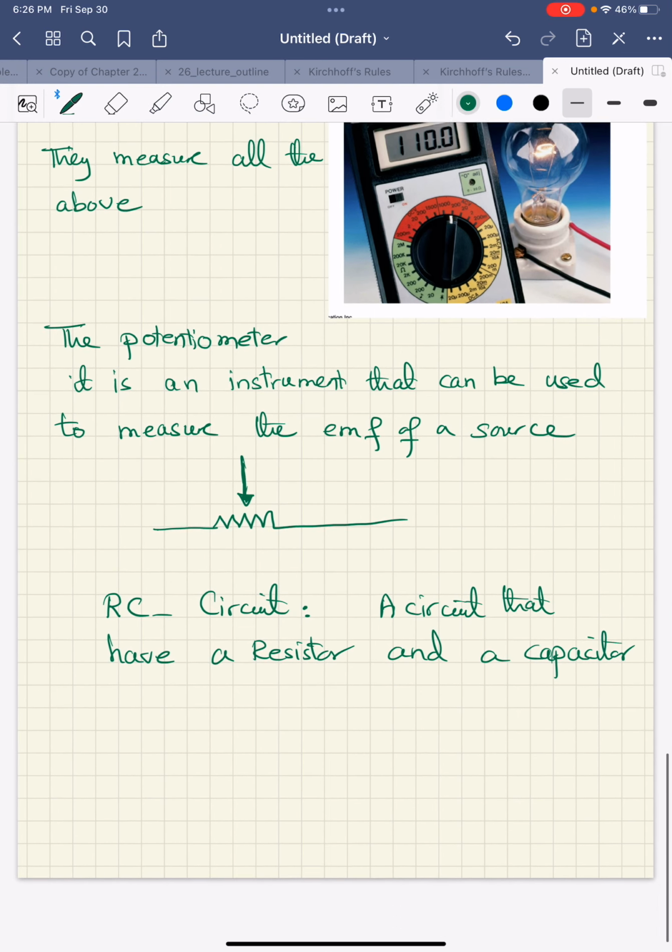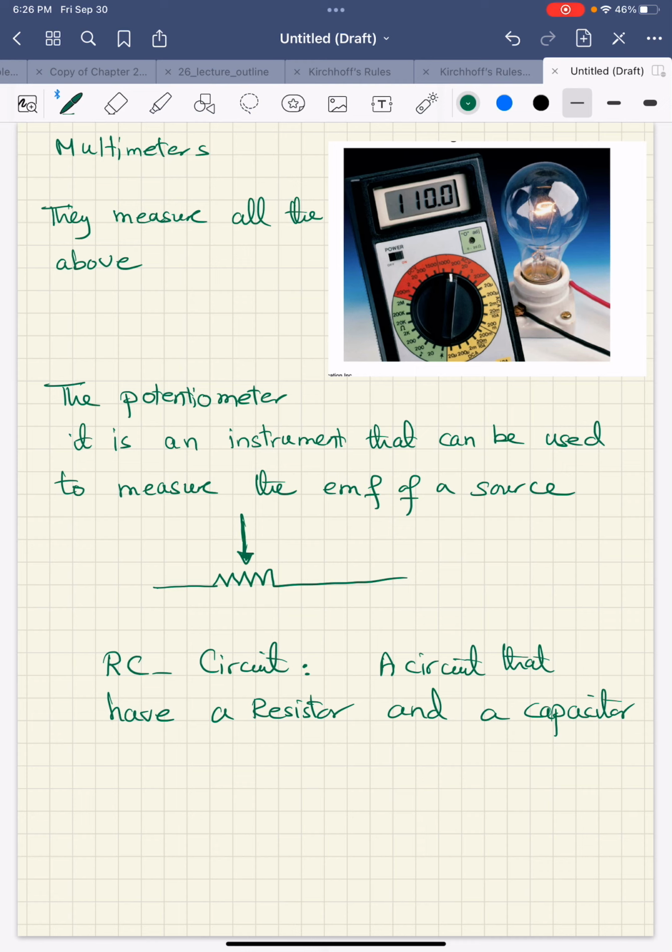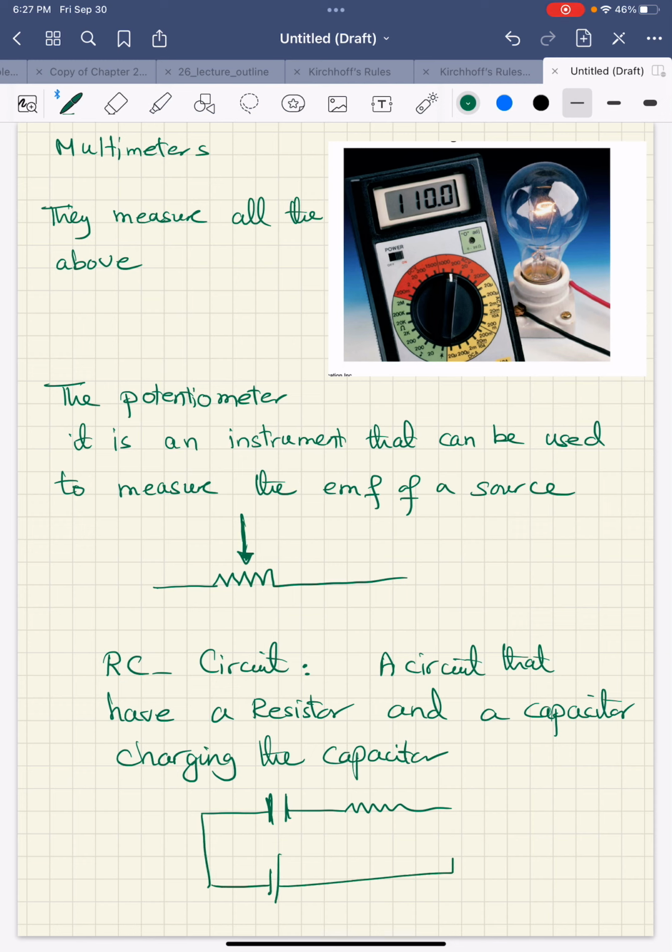And of course, for charging, we should have an EMF. The first case is when we are charging the capacitor. The circuit is like this: this is the capacitor, this is the resistor, and this is the EMF.